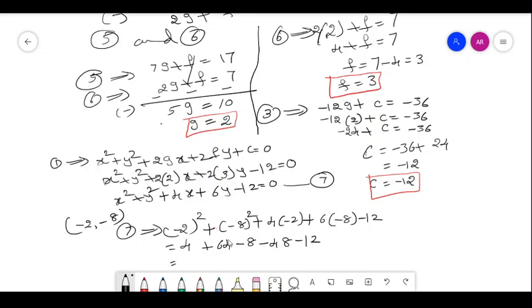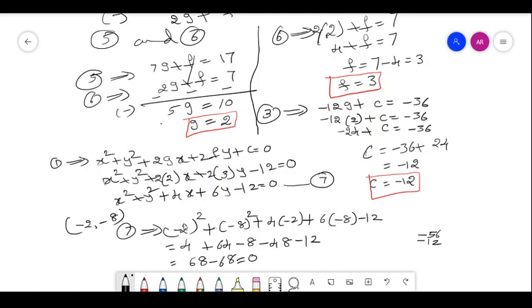Positive values: 64 plus 4 is 68. Next negative values: minus 8 minus 48, that becomes minus 56, minus 12. Total value is minus 68 plus 68, that is equal to 0.